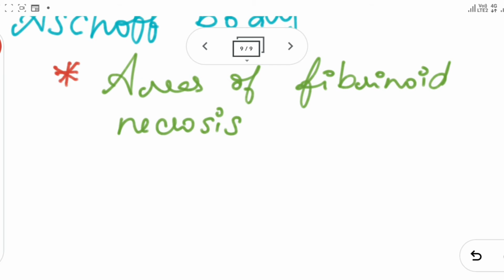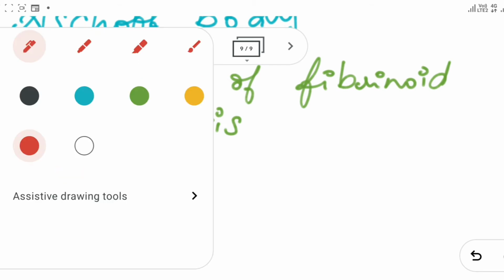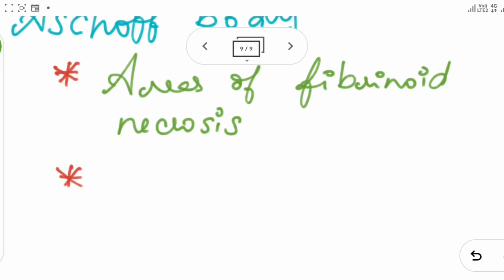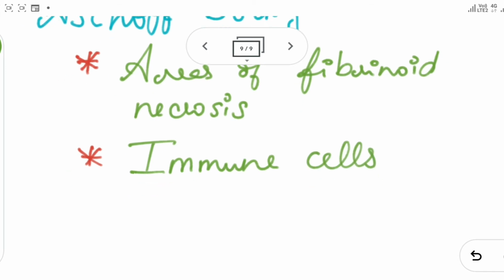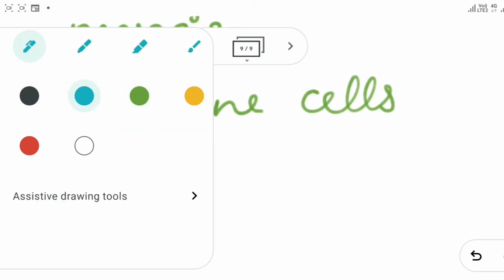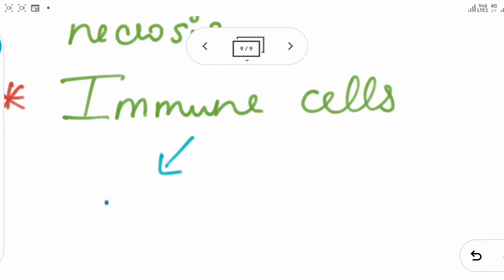It also contains immune cells, which are T cells and Anitschkow cells.